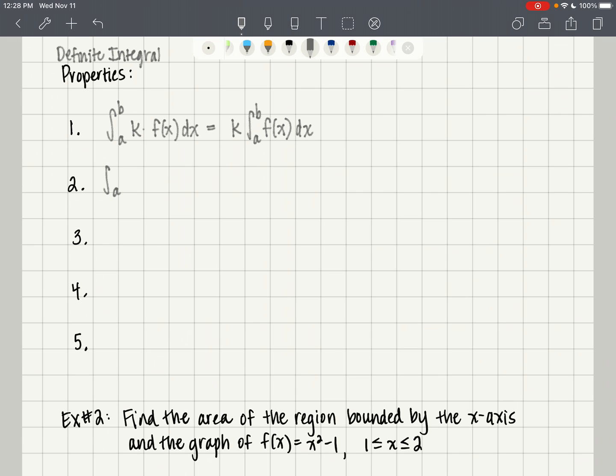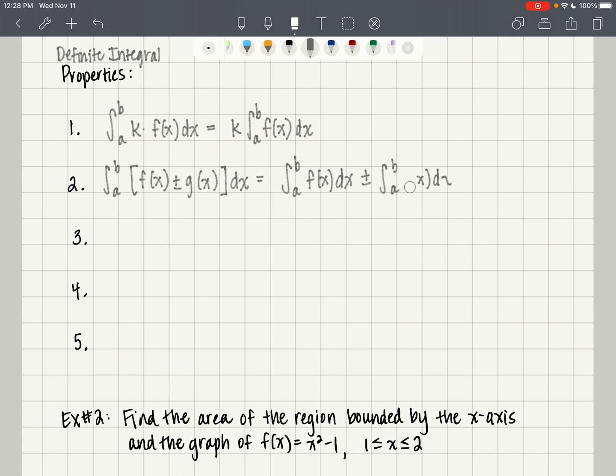Second rule of definite integrals, that's our integral from a to b, if we have multiple terms that we are adding or subtracting, we can evaluate them separately. So we can take the definite integral of each term separately, just like we were able to before.